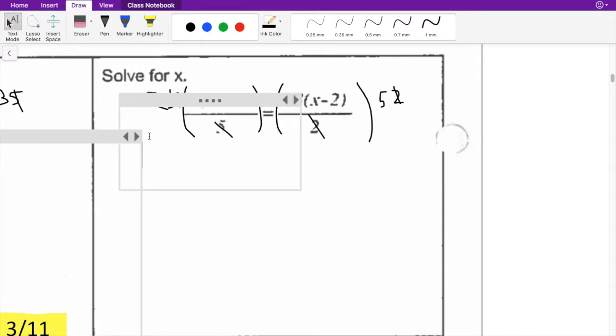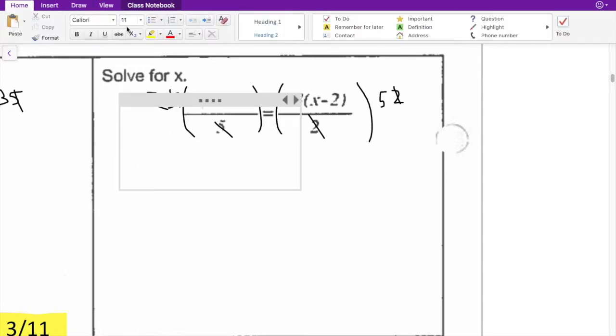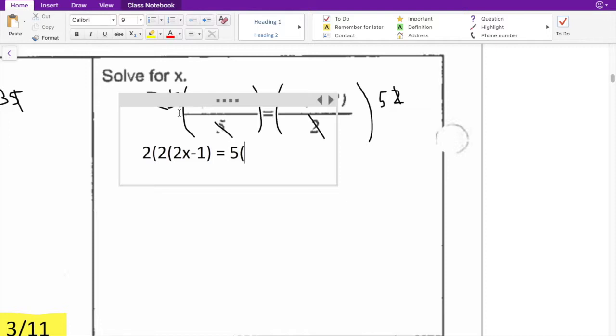So let's change this font a little bit so it's a little bit smaller so we can fit more in. So right now we have 2 bracket 2 bracket 2x minus 1 equals 5 bracket negative 3 bracket x minus 2.